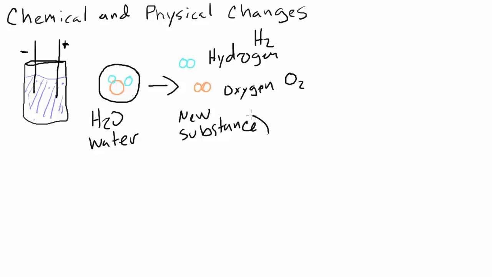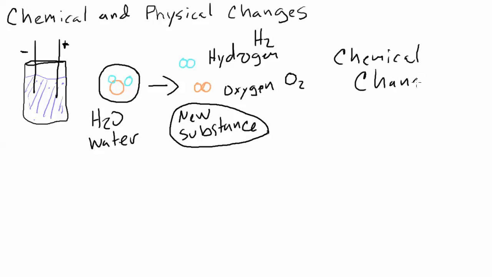The key is that the way in which the water is changed generated new substances. Whenever you've got a new substance, then what has happened to the matter is a chemical change.